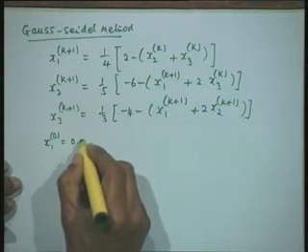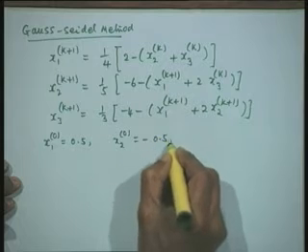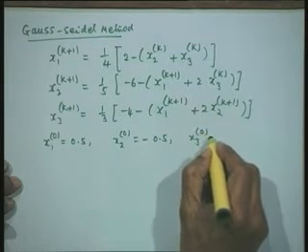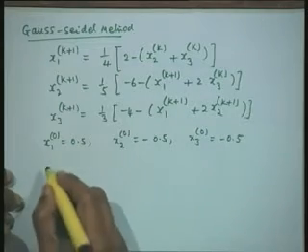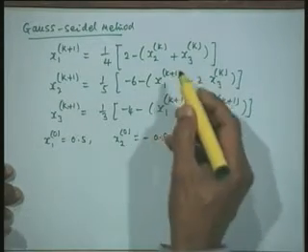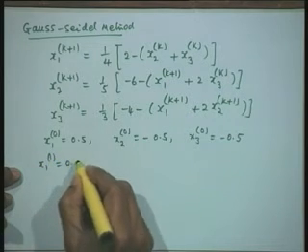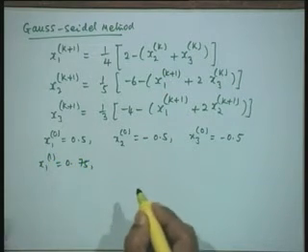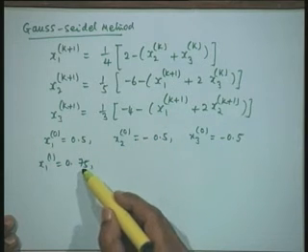Now, again we start with the iteration, the initial value is given to us again as x 1 of 0 is 0.5, x 2 of 0 is given as minus 0.5 and x 3 of 0 is equal to minus 0.5. Then I substitute it here, the first value would be the same as the previous because the first iteration is the same. Now, you can see that the current value of x 1 of 1 has changed to 0.75.